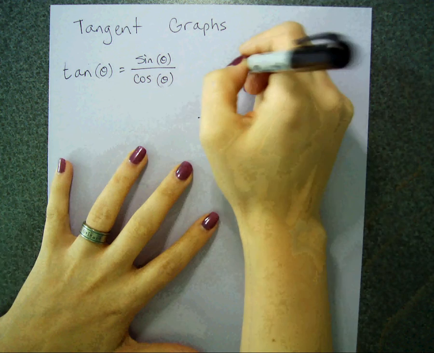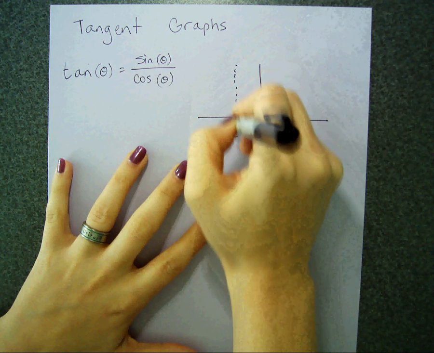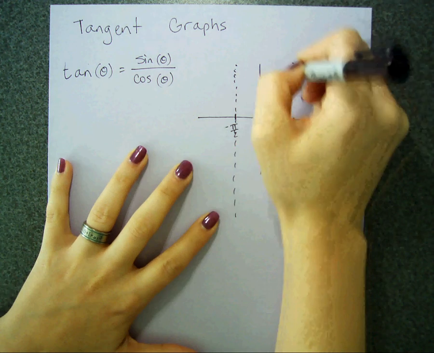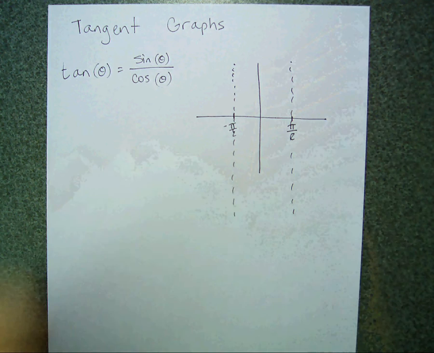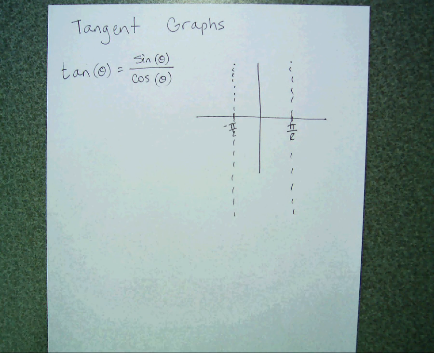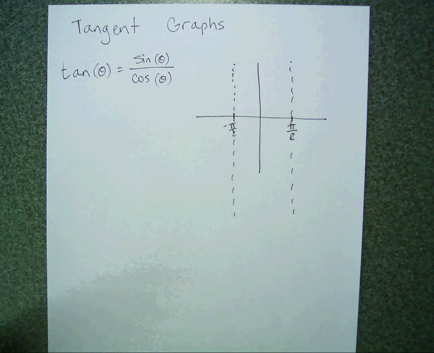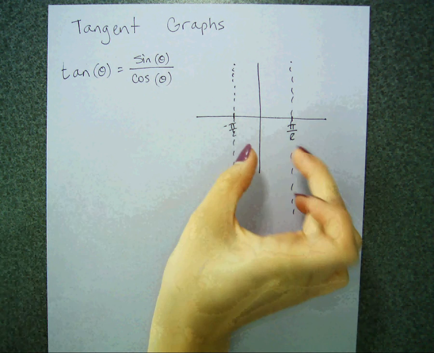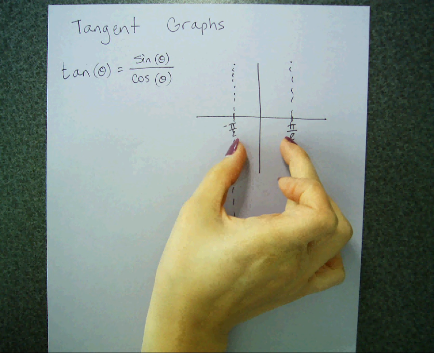So that means that tangent is undefined at these places. So I have vertical asymptotes at negative pi over 2 and pi over 2. And so all of my graph of tangent is contained between negative pi over 2 and pi over 2.